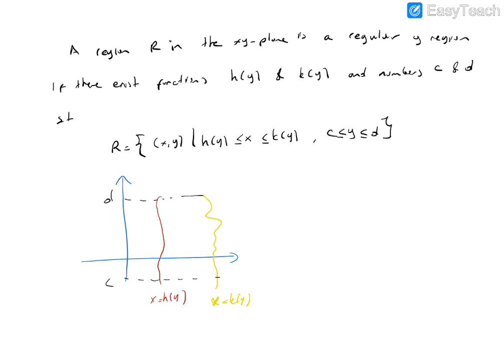So our region is this region. Okay, so this region is R. If you can describe your integral domain as a regular x region or regular y region, you can easily write your double integral as an iterated integral, like the rectangular case.